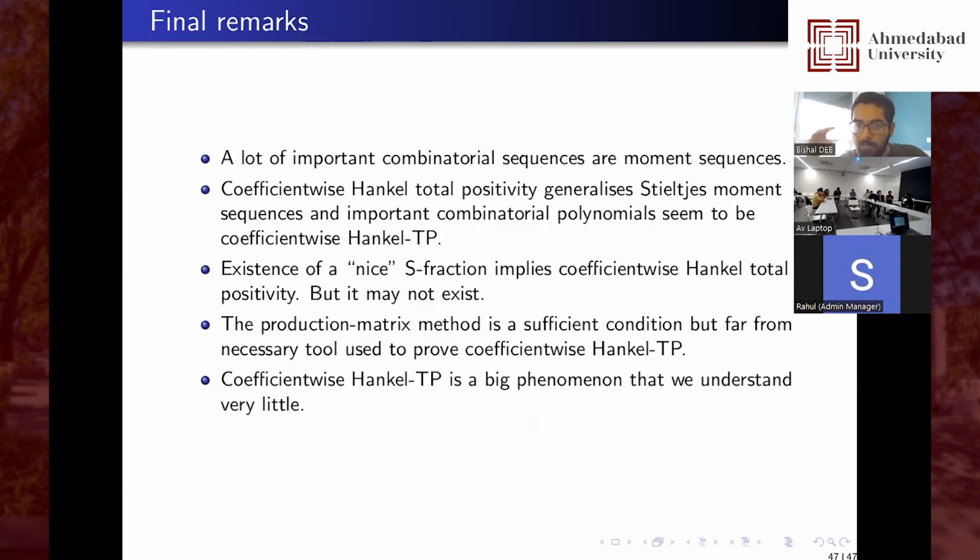If you have restrictions which are height dependent, so which depend on the y-axis and not on the x-axis of the path, that's okay. You can handle that with continued fractions. But if you have restrictions based on the x-axis as well, then you cannot handle that. All right, thank you. Yeah.